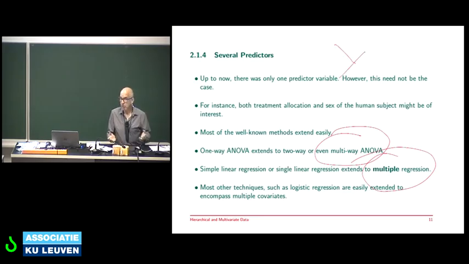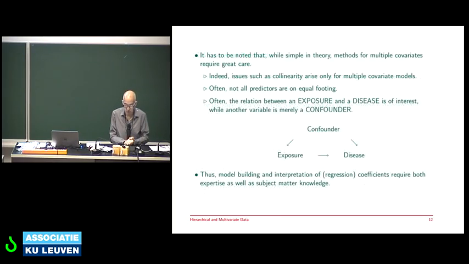But no worries, if the y is binary, it would become logistic regression. If the y is a count, like the number of epileptic seizures, you could think of Poisson regression. And if the y is time until the patient cures, we have survival regression or time to event or reliability regression or whatever you want to call it.